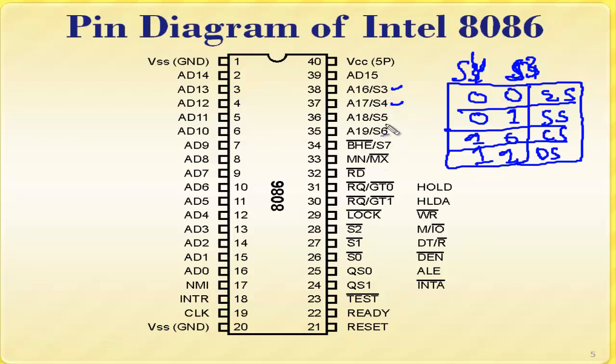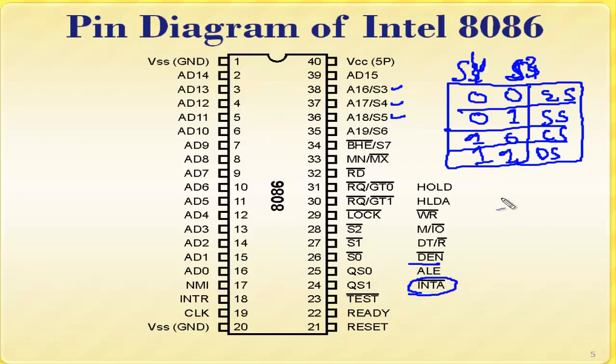Now here the S5 reflects the state of the interrupt enable flag, which is here. What is the state of the interrupt enable flag? It will reflect that, because this flag will allow our system to take interrupts.